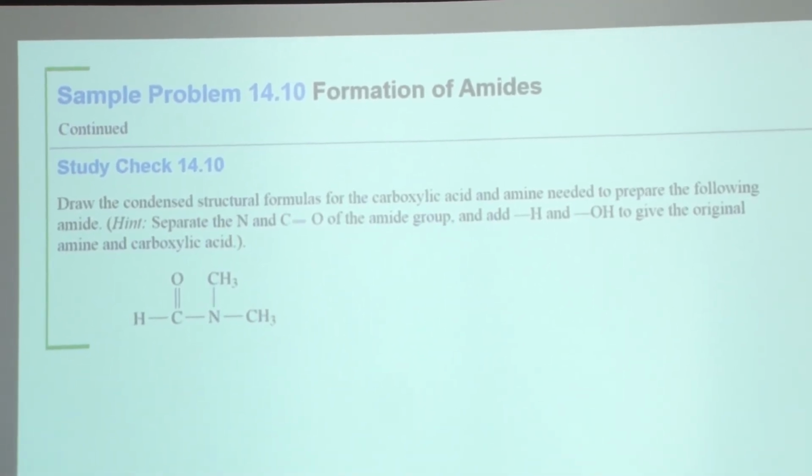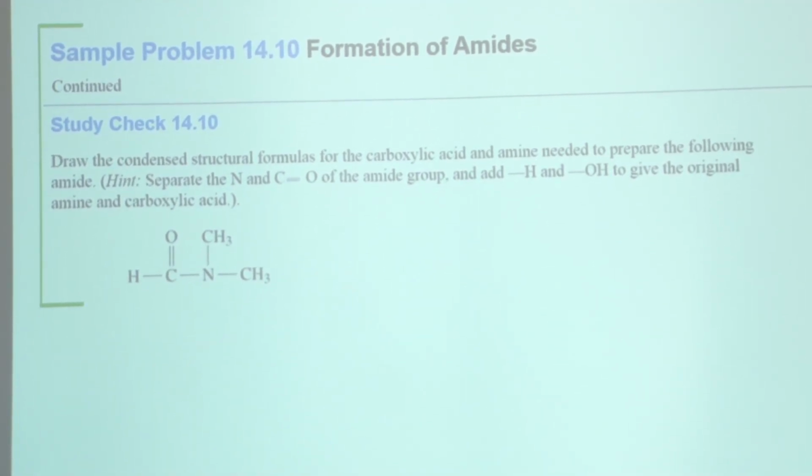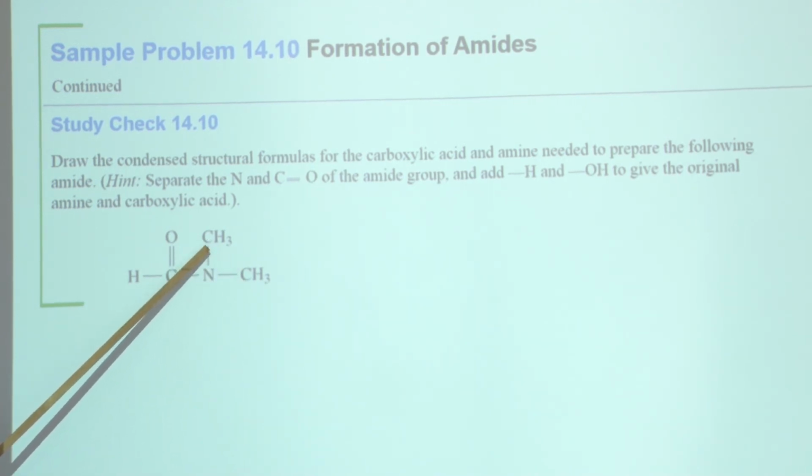Draw the condensed structural formula for the carboxylic acid and amine needed to prepare the following amide. Okay, that's a good question. Let's see. This is the amino group. This is your acid. If we are trying to predict where we started off, there has to be an OH group that was lost. So this is methanoic acid, and this should be dimethylamine.